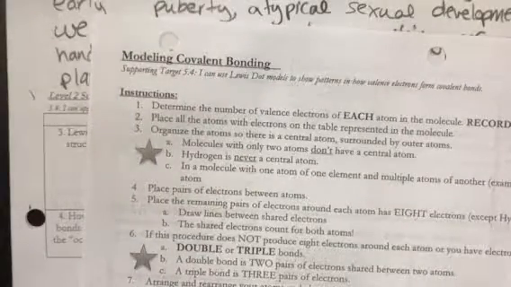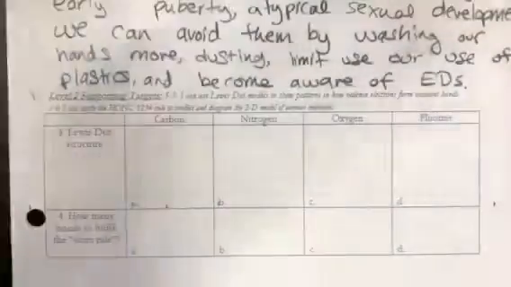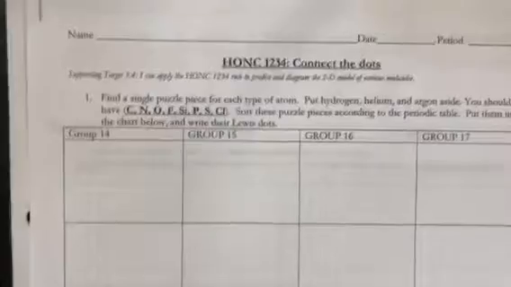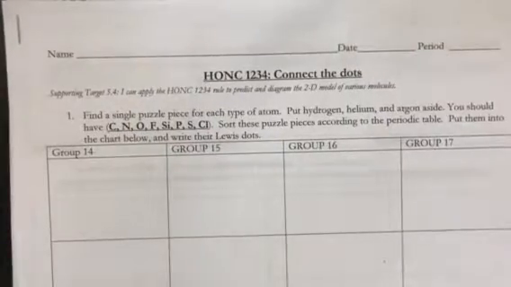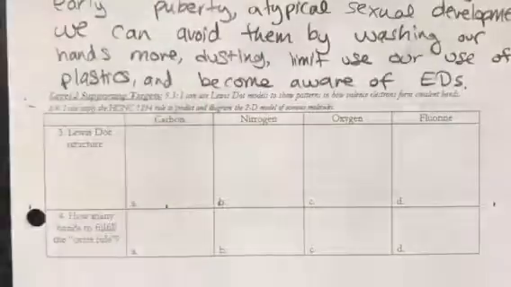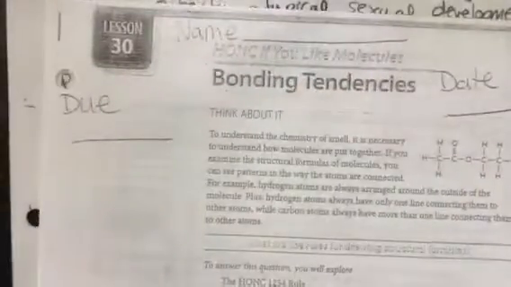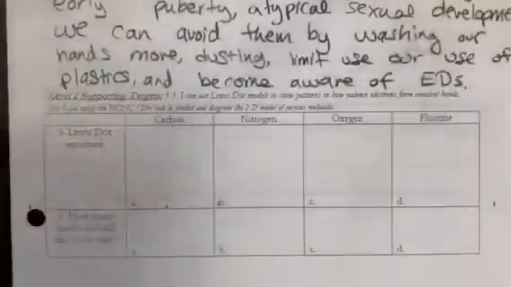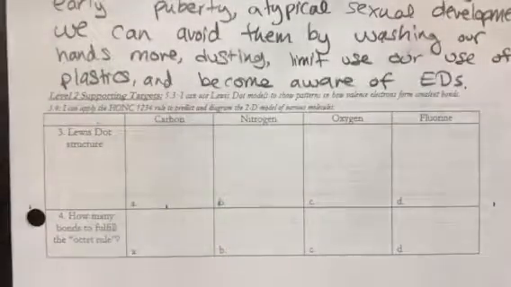One of them is modeling covalent bonding, that we'll get to in the next page too. This could also help you with number 3, and another assignment I gave you can really help too.